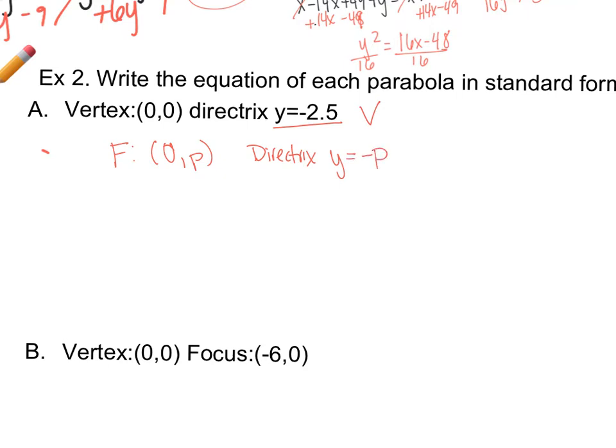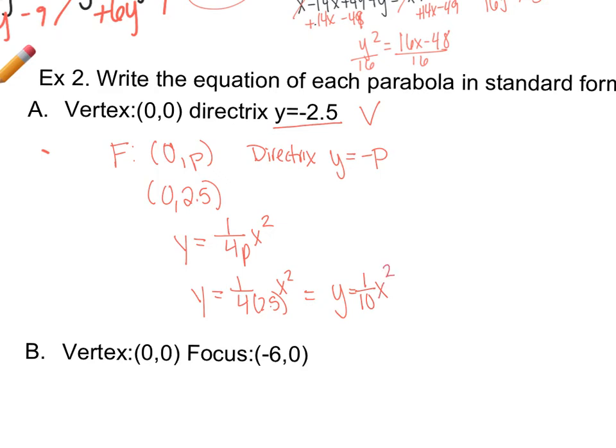If negative p is negative 2.5, that means my p is positive 2.5. My formula for a vertical is y equals 1 over 4p x squared. So my final answer is y equals 1 over 4 times 2.5 x squared, which is y equals 1 over 10 x squared.